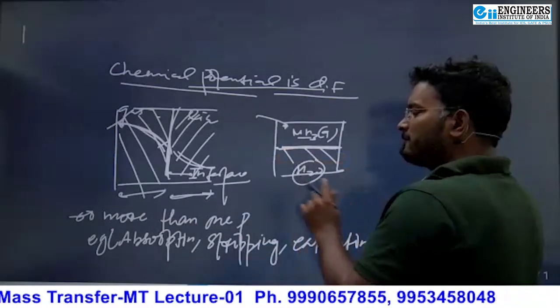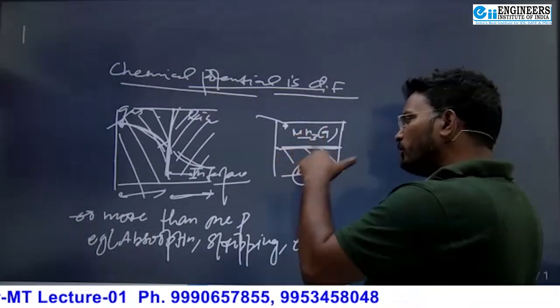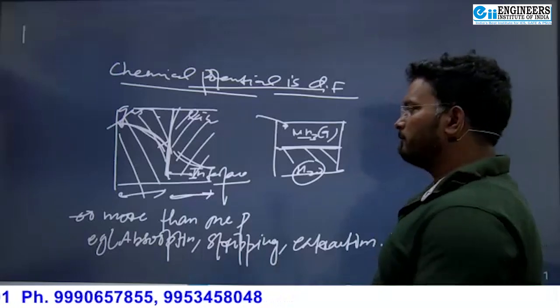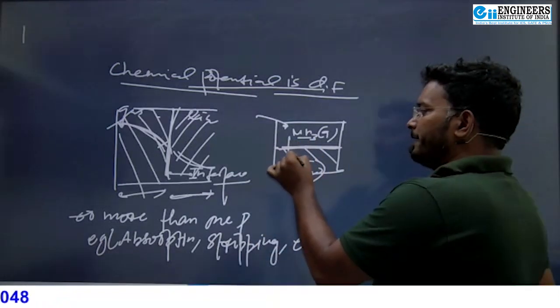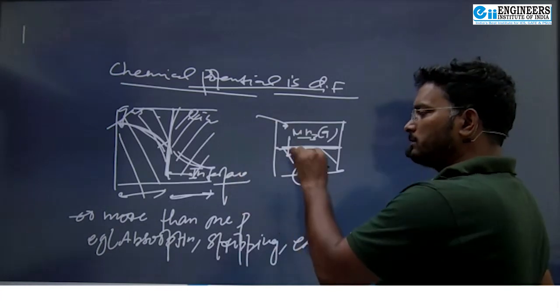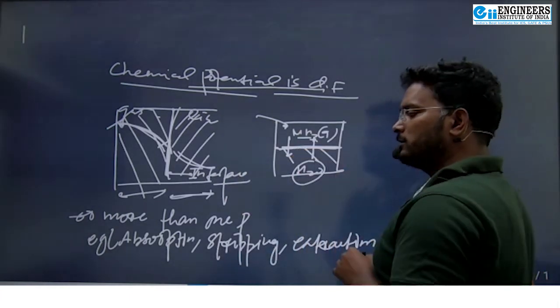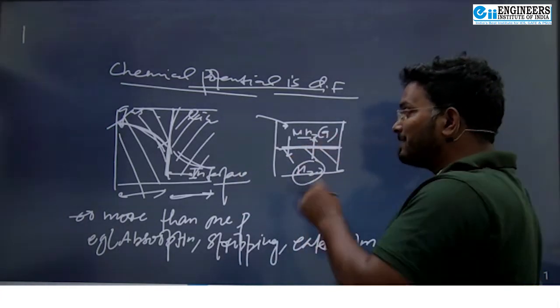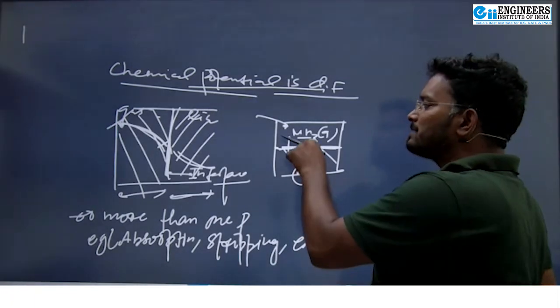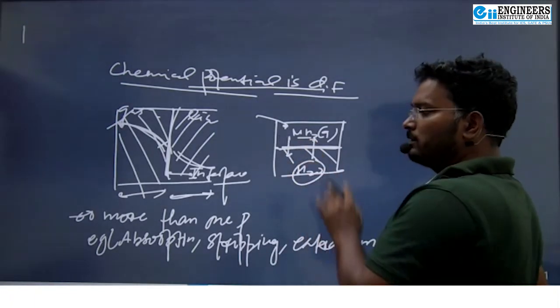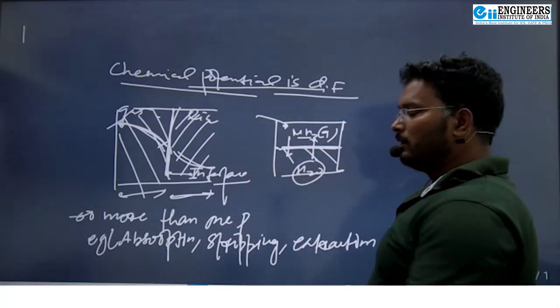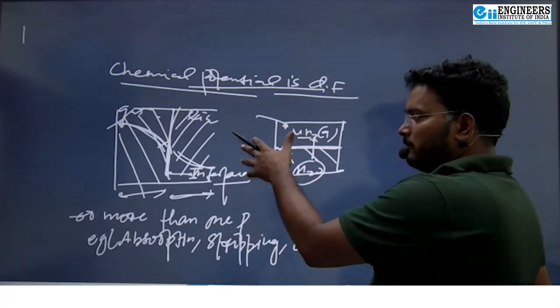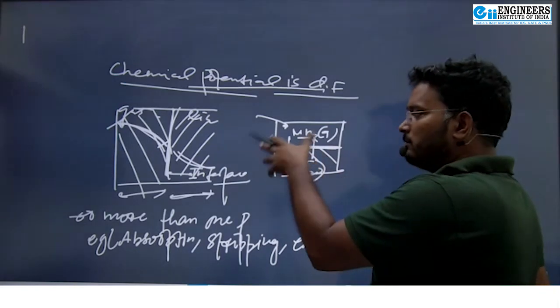Now in this case, when we keep it for sufficient time, what happens? Some molecules of the ammonia will get absorbed in the water, and some molecules from the water will also get transferred into the ammonia. But in general, ammonia is more soluble in water, and if we are not going to consider evaporation, then what happens?